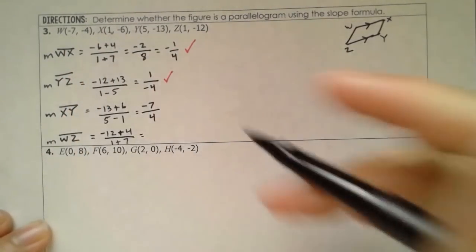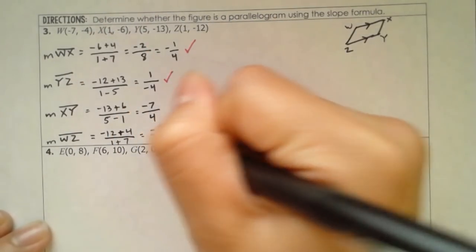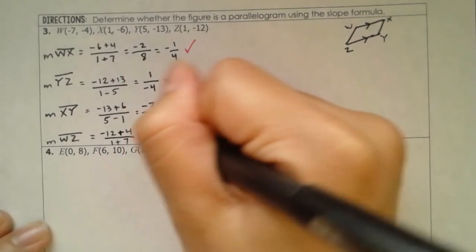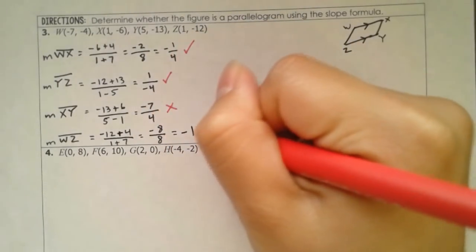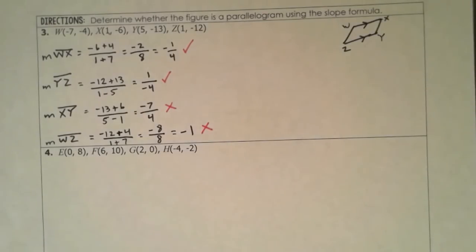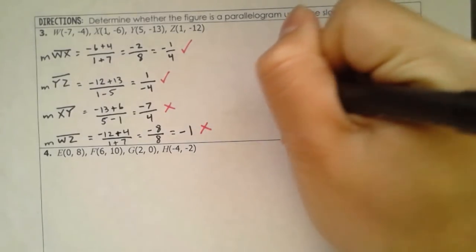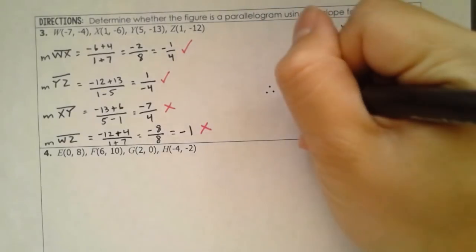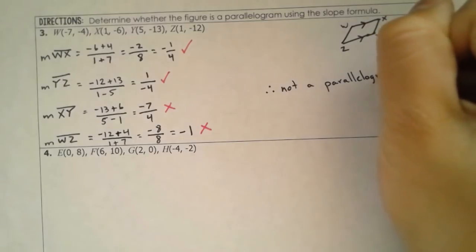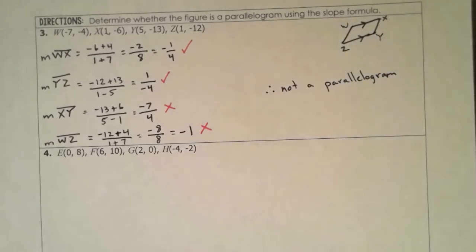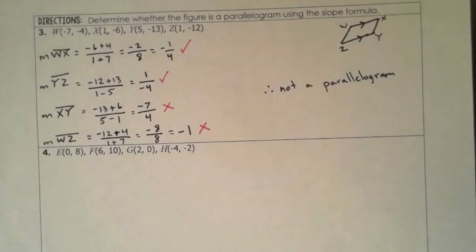Negative 12 plus 4 is negative 8. 1 plus 7 is 8, and then negative 8 over 8 simplifies to negative 1. So then you see that these two slopes here are not the same. They need to be the same. So therefore, and you guys remember my 3 dots, right? That means therefore not a parallelogram. And you're done. You just proved using slope that these points here do not make up a parallelogram.